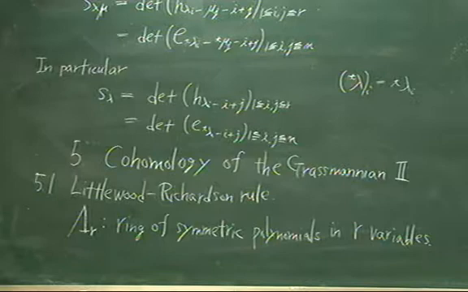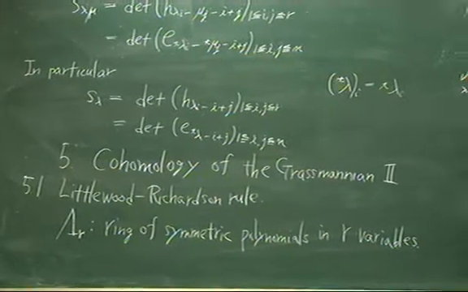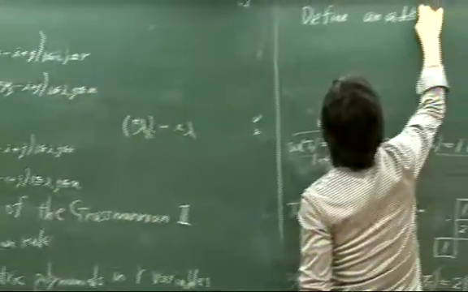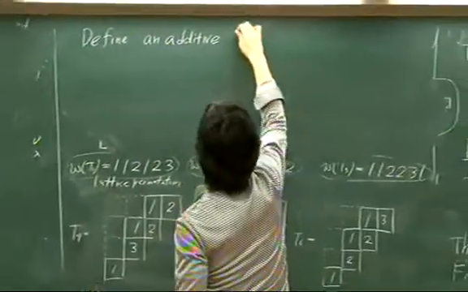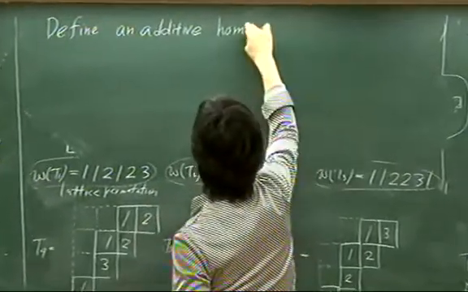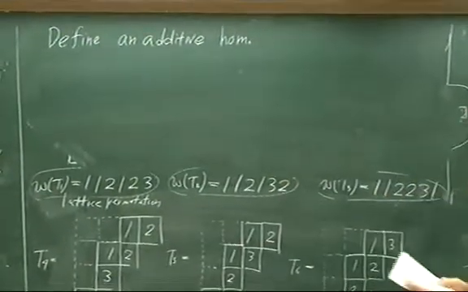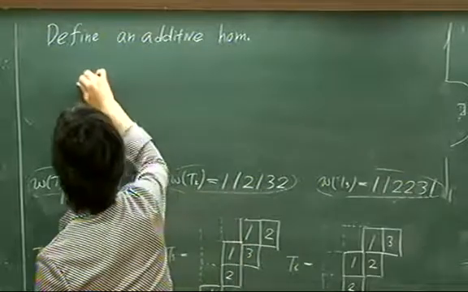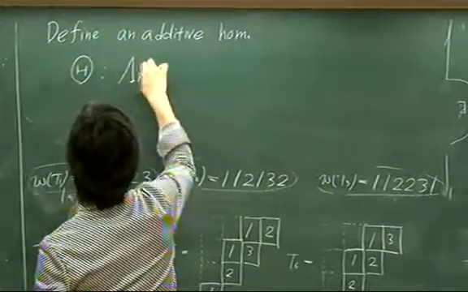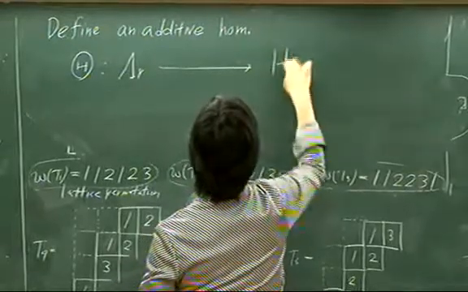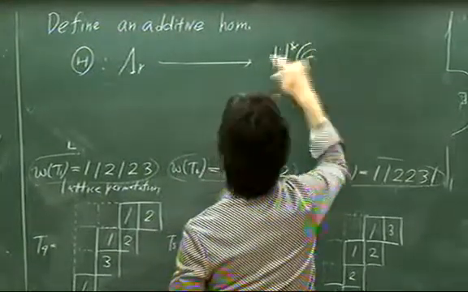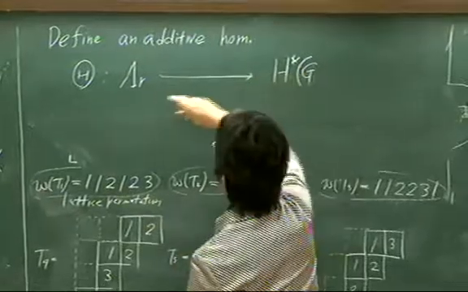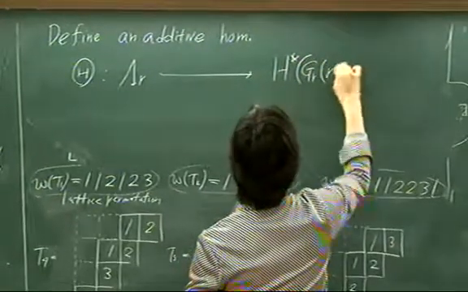And we define an additive homomorphism, denoted by theta_R, h star, from the ring lambda_R to the cohomology of the Grassmannian.